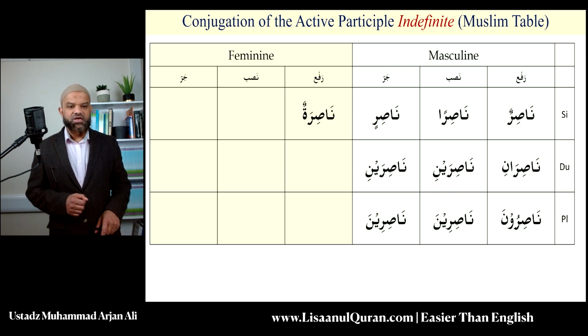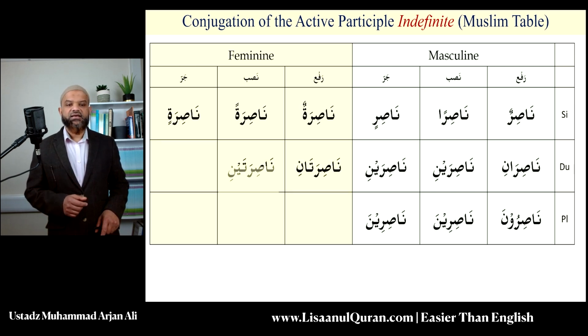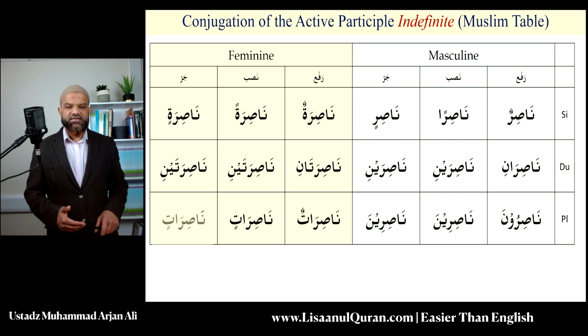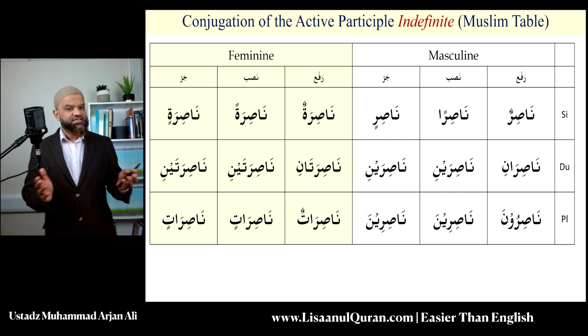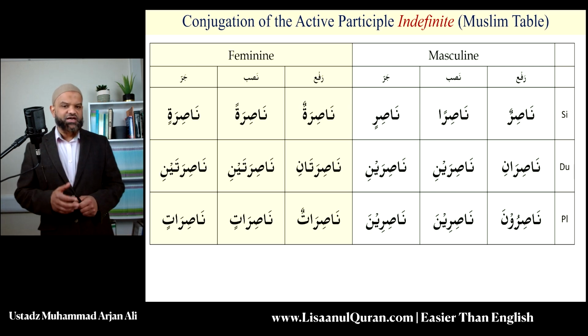The feminine version, nasiratun, nasiratan, nasiratin. Then the dual, nasiratani, nasirataini. And then for the feminine plural, nasiratun, nasiratin. 18 words, very simple, as long as you memorize the Muslim table, which I asked you to do before.